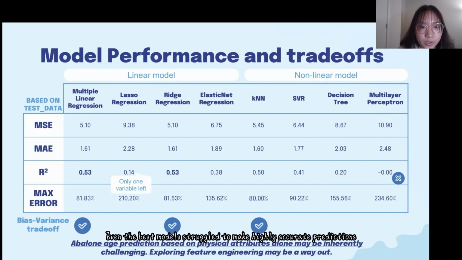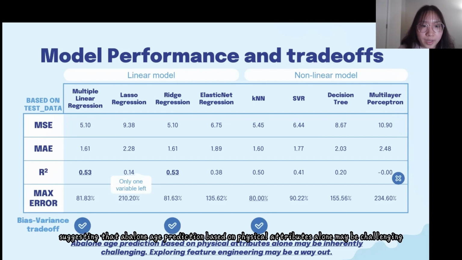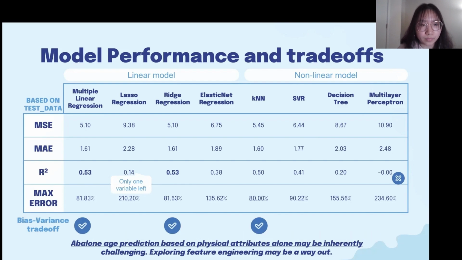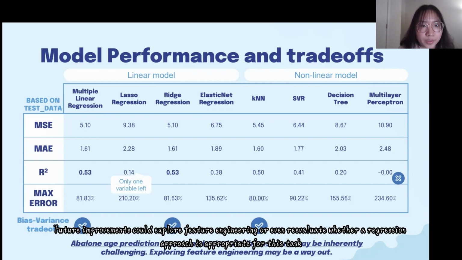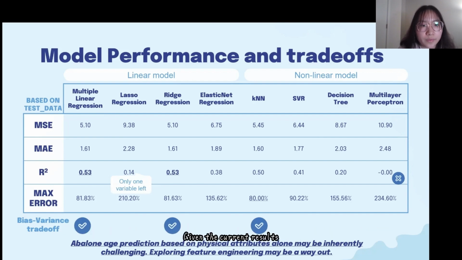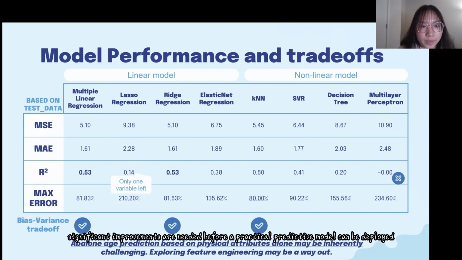Even the best models struggled to make highly accurate predictions, suggesting that abalone age prediction based on physical attributes alone may be challenging. Future improvements could explore feature engineering, or even reevaluate whether a regression approach is appropriate for this task. Given the current results, significant improvements are needed before a practical predictive model can be deployed.